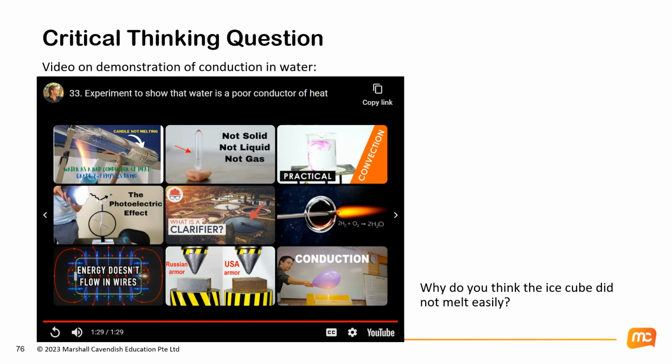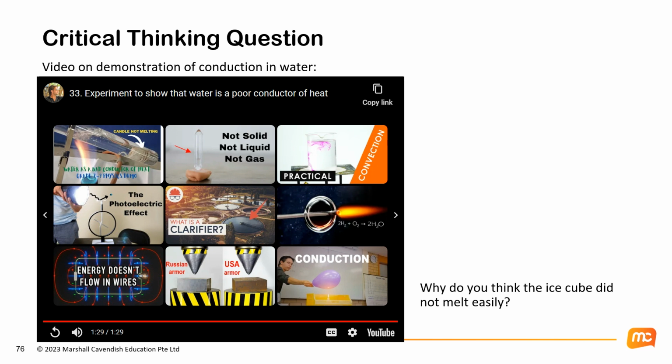So as you see in this video over here, you can have very dramatic effects as long as you appropriately design your setup or your device in order to increase or decrease the heat transfer that is going on. So over there, we just saw that we wanted to reduce the amount of heat transfer.